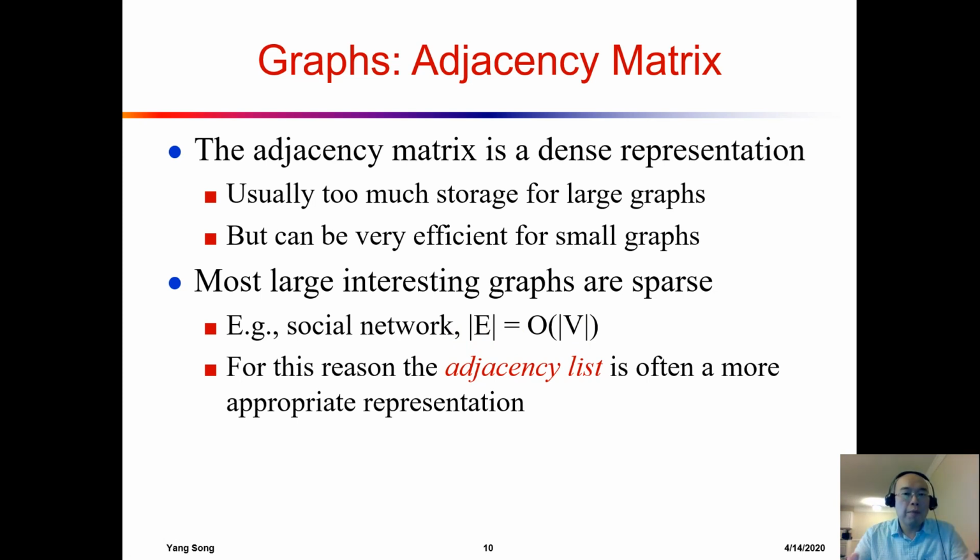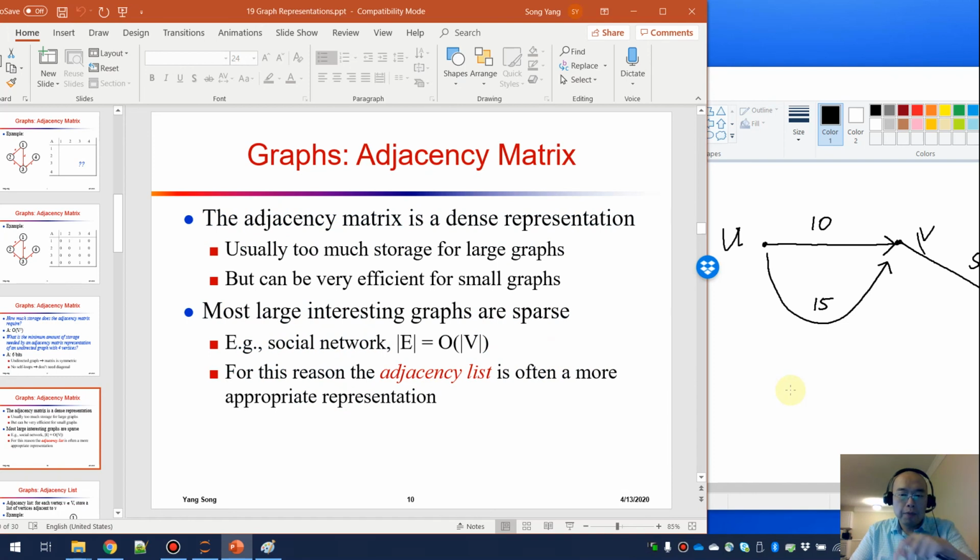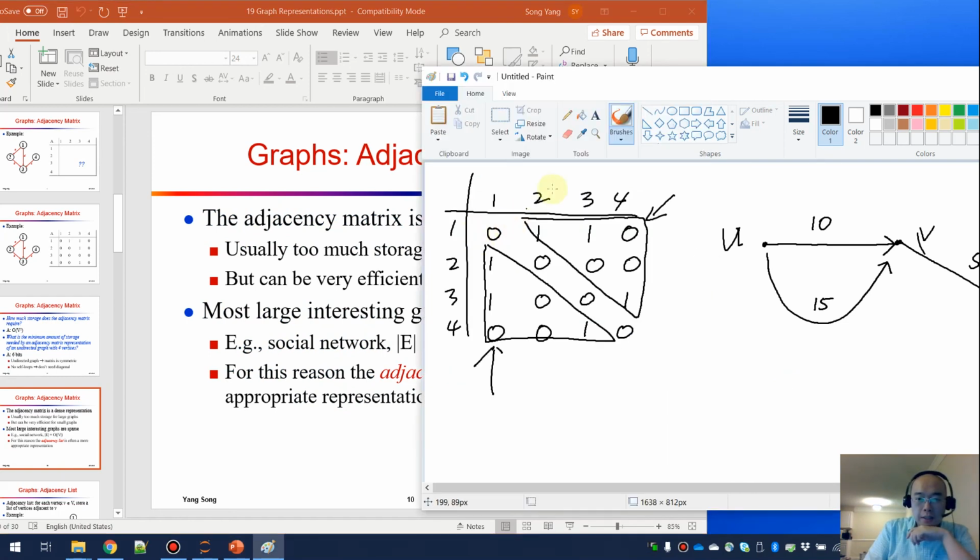If you imagine there are millions of people, and each person only connects to, say, 200 people, that is a big number. However, the size of E is 200 times the size of V, and in this case 200 is a constant C, right?